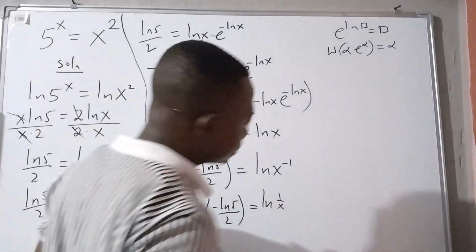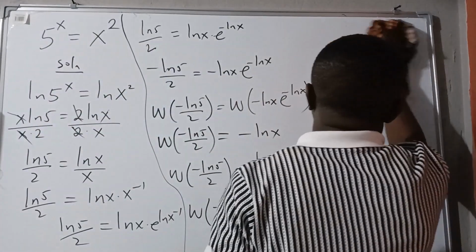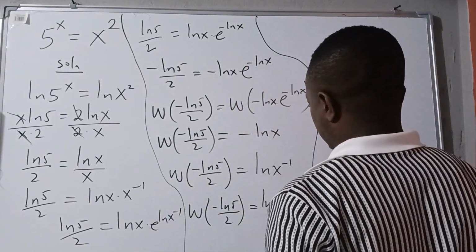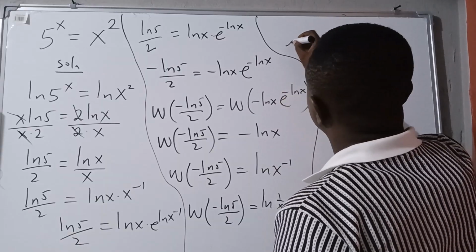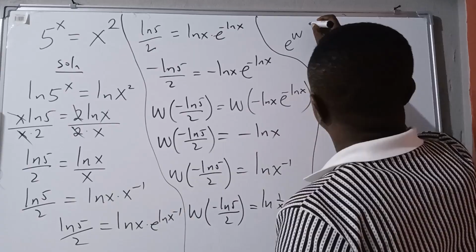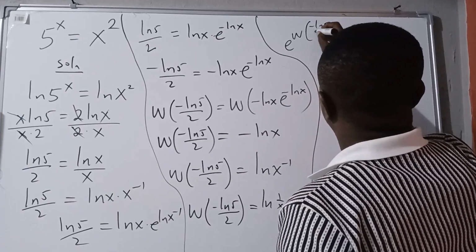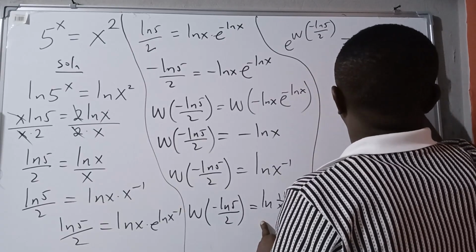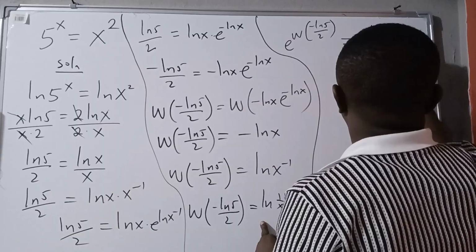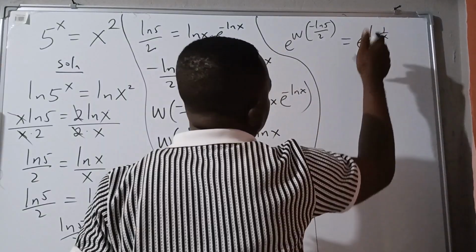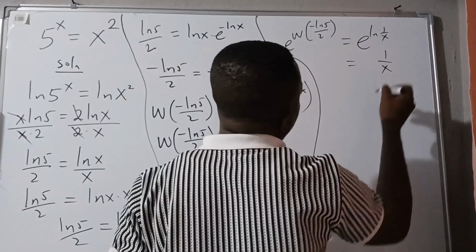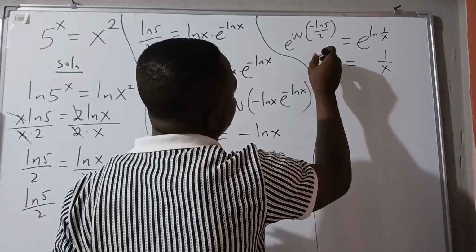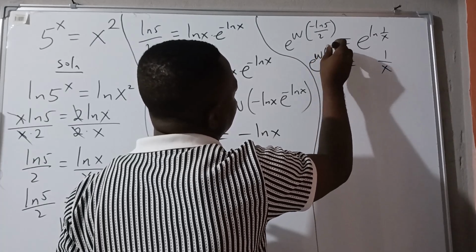So we have e raised to the W function, and this side e raised to ln of 1 over x. So this side will be left with 1 over x, as this side remains as that. So we have e to the W function.